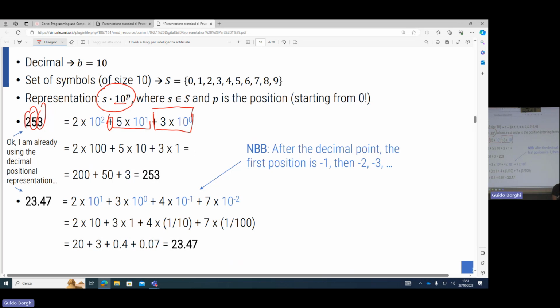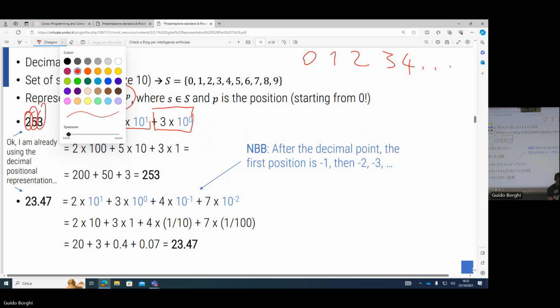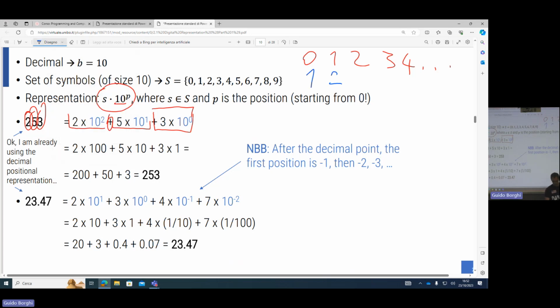The last digit is 2. So we can write 2, the symbol, times 10 to the third position, 2. Remember, 0, 1, 2, 3, 4 correspond to first position, second position, third position, fourth, fifth, and so on.